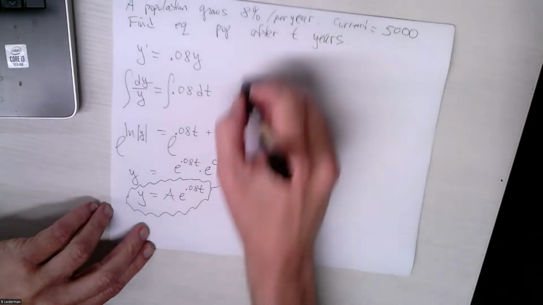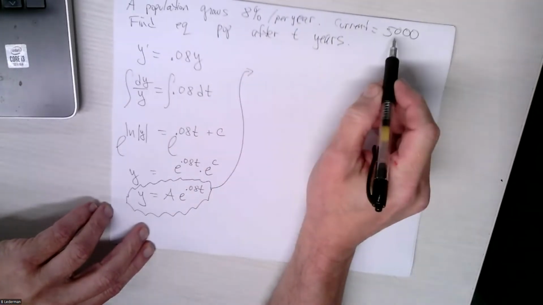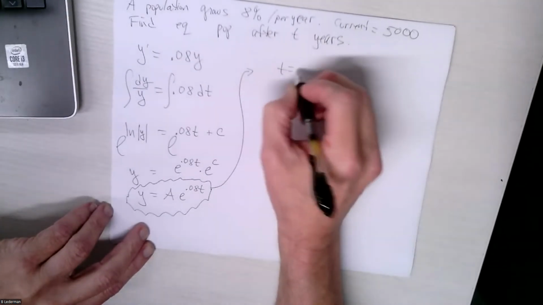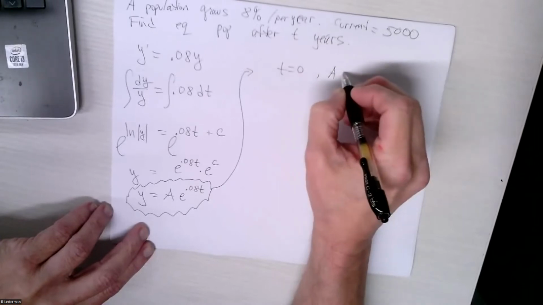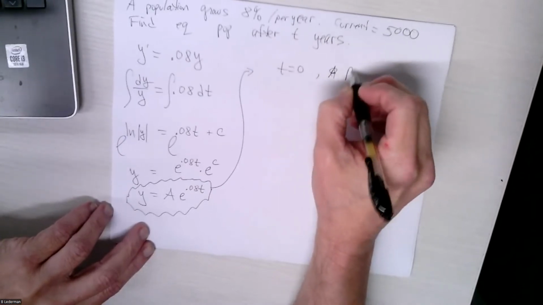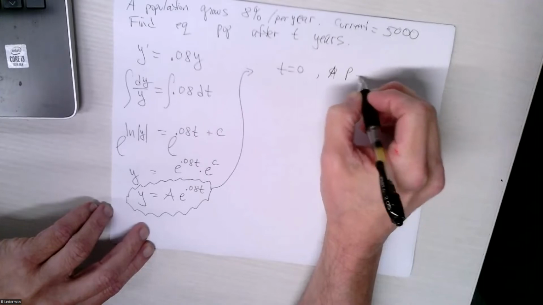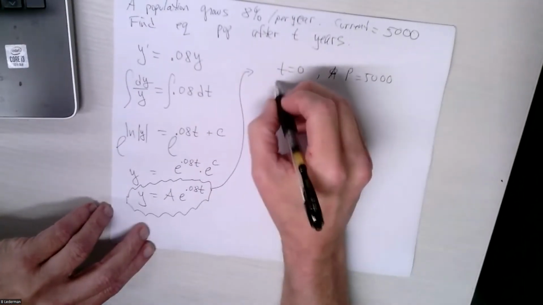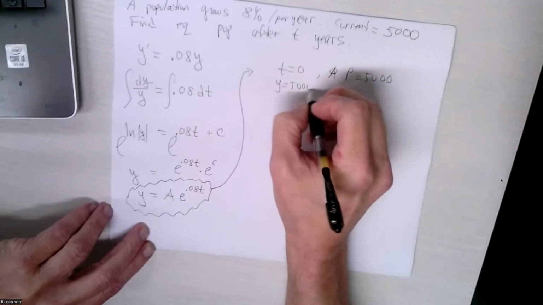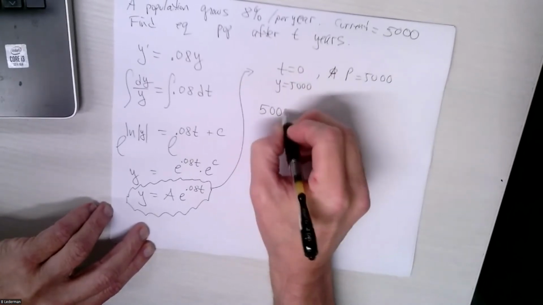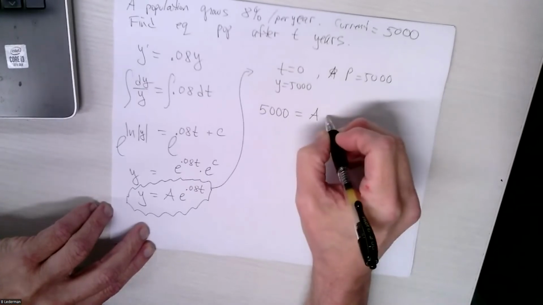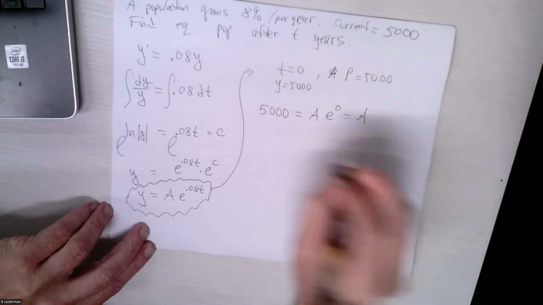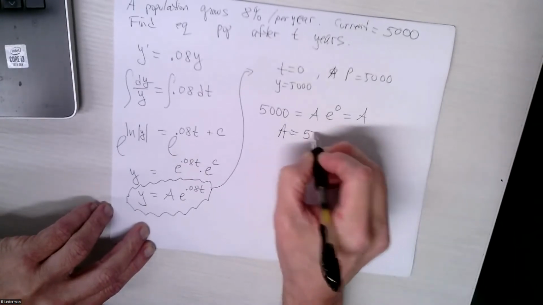To find a, we know that the current population is 5,000. So we're starting now. When t equals 0, the population equals 5,000. But population is what y is. So y equals 5,000. So I have 5,000 equals a times e to the 0, which is just a. So a equals 5,000.